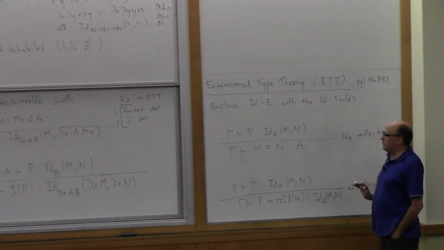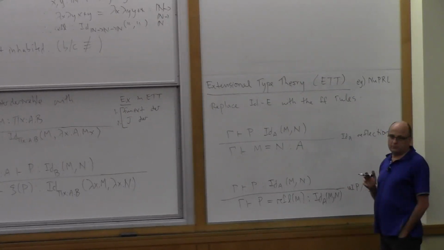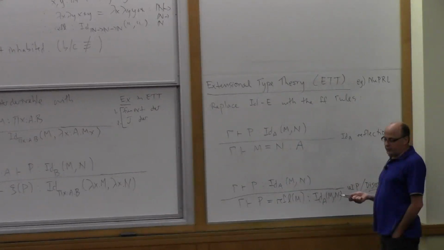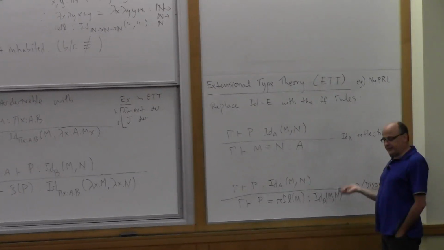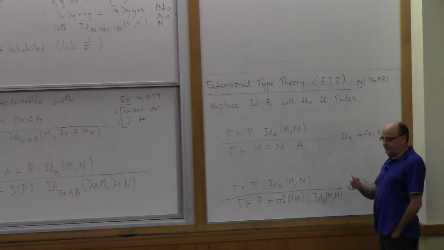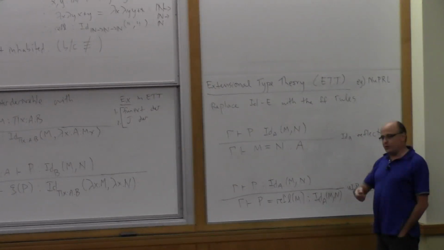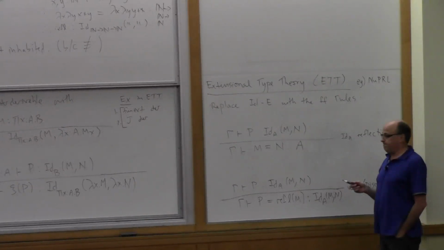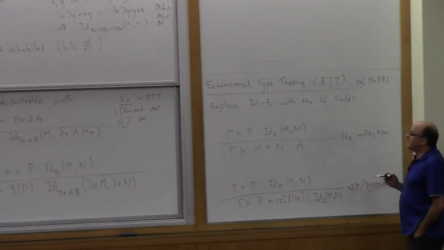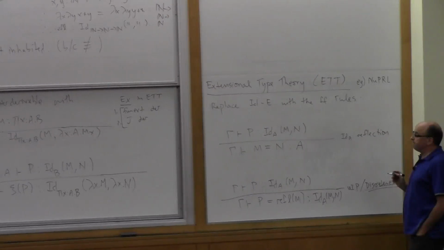You can already write down a proof term for J. Since you can write down a proof term for J, as I remarked earlier, then you can carry out the proofs that equality is symmetric and transitive and substitutive and so on. You have respect for everything, because all those things only depended on J. So this is called extensional type theory.